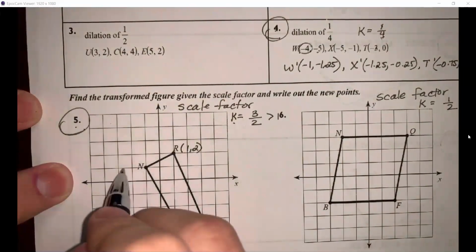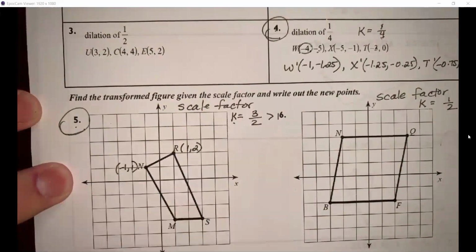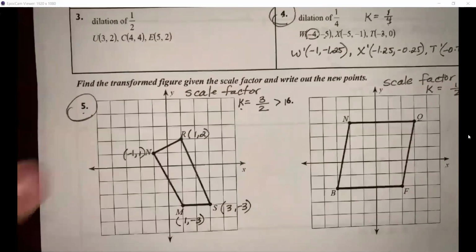My N is located at -1, 1. My S is located at 3, -3. And then my M is located at 1, -3. Okay?